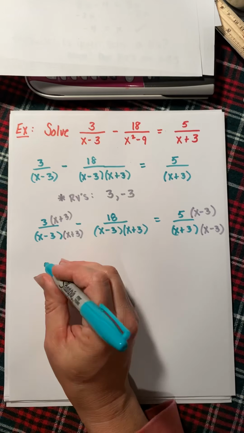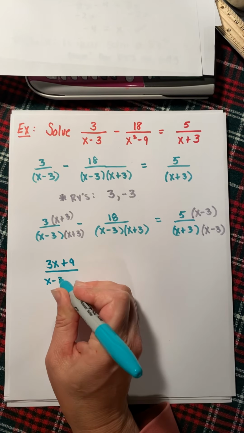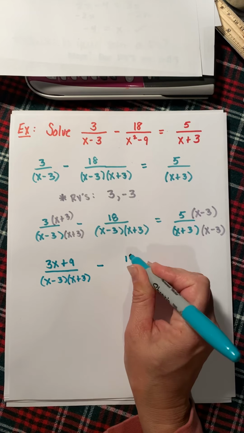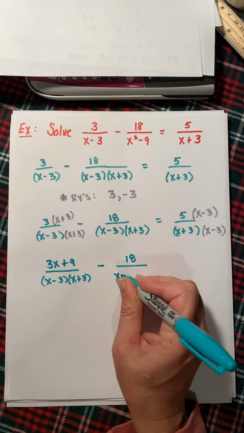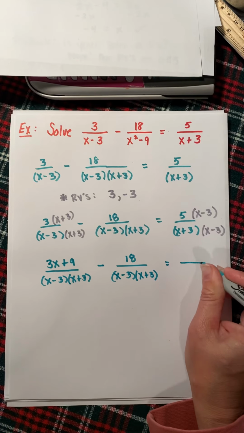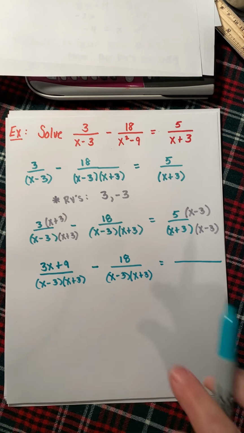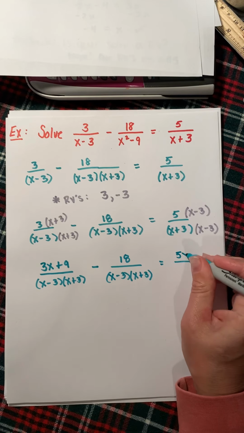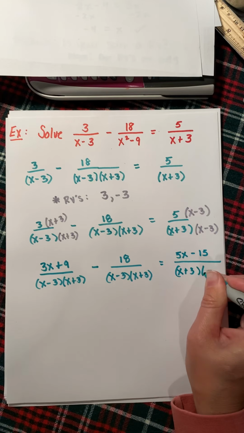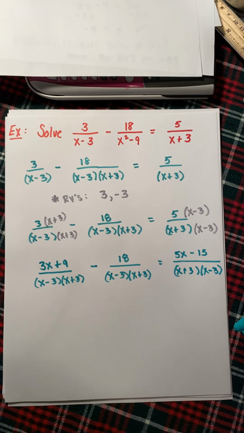So my new left numerator is 3x plus 9 all over x minus 3, x plus 3, minus 18. This one doesn't change at all. X minus 3, x plus 3 equals, now my right numerator, you have to distribute here because we're going to be solving for x, so we need to distribute to combine like terms in the numerator. 5x minus 15, x plus 3, which is x plus 3 times x minus 3 is the same thing because multiplication commutes.